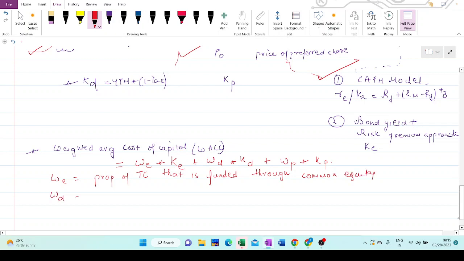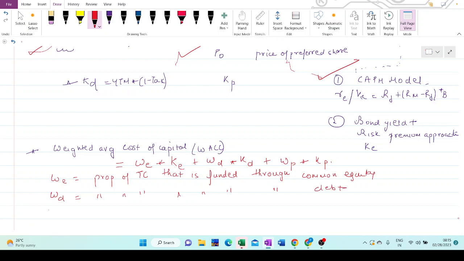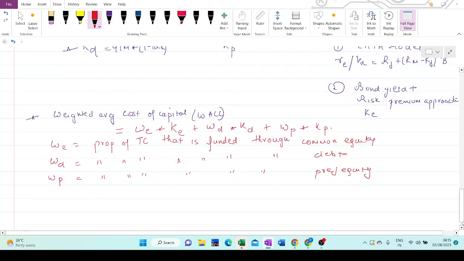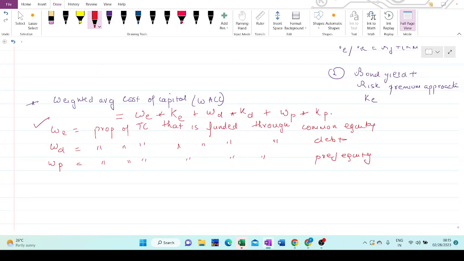Similarly, weight of debt is the proportion of total capital that is funded through debt, and WP is the proportion of total capital that is funded through preferred equity. Okay. Now, but guys, this calculation is not as easy as it seems, right? So we'll have to understand how to calculate these weights. So let us understand this first.